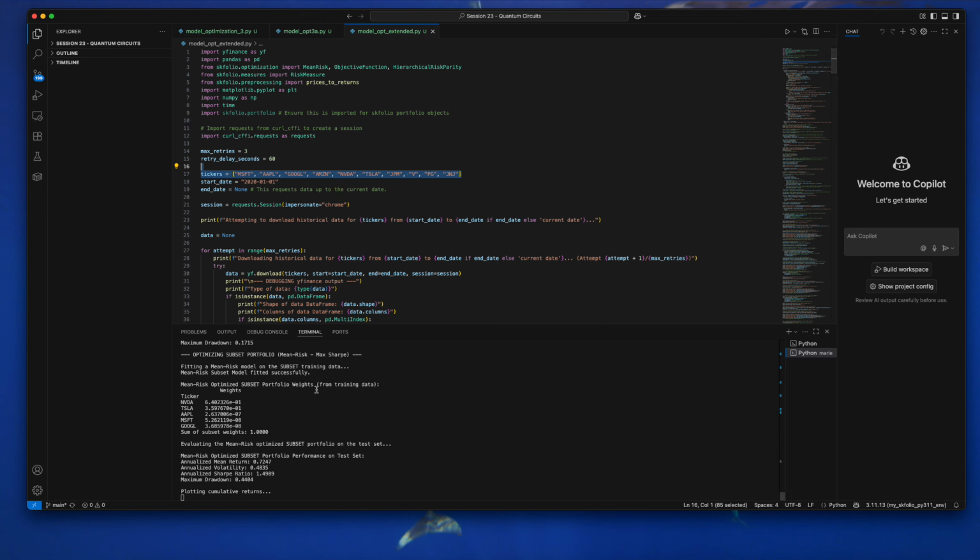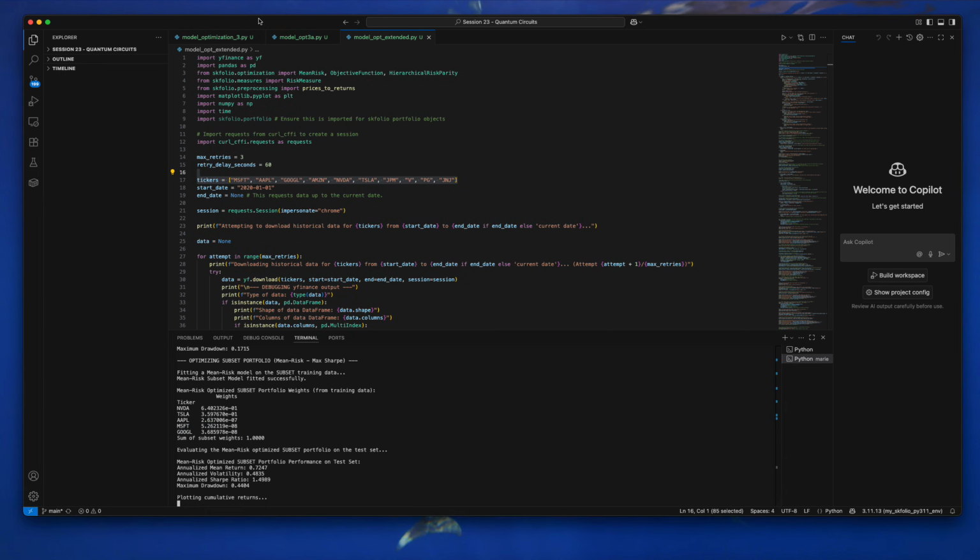So with that, the top five performers were NVIDIA, Tesla, Apple, Microsoft, and Google. And we just used a mean risk optimizer to do this one, but I will overlay the HRP technique to show you what the returns of each technique are over the period.